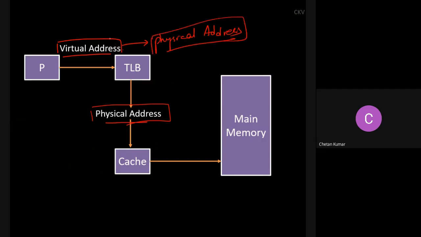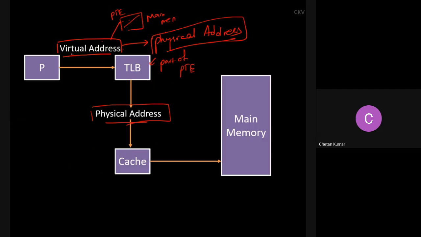So how did we do that initially? We said there is a table called the page table where you will have the mapping of virtual to physical addresses. We'll go and access this, but this is in the main memory. Now we want to reduce the access to main memory. So that is why part of the page table we are keeping in the TLB. So the TLB contains part of the page table.